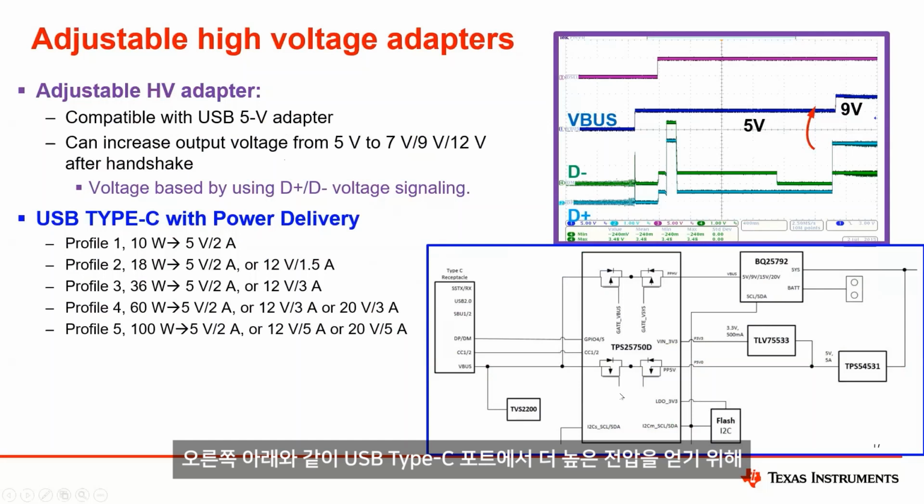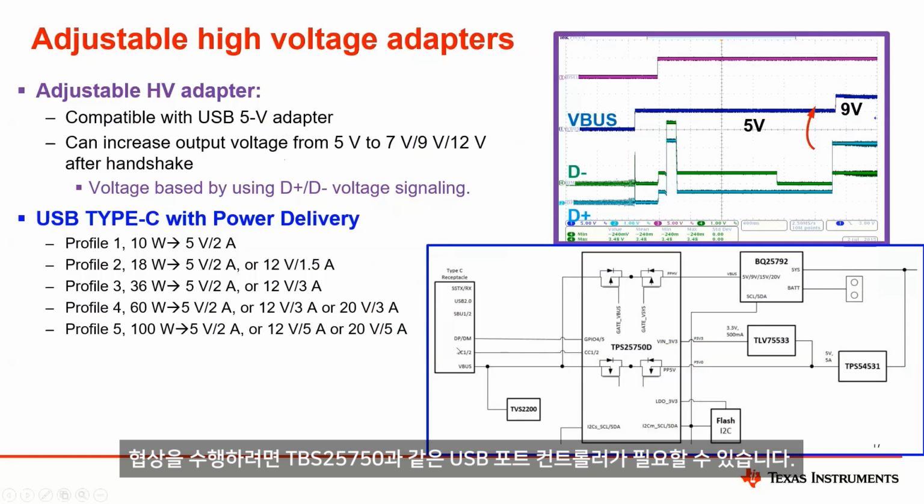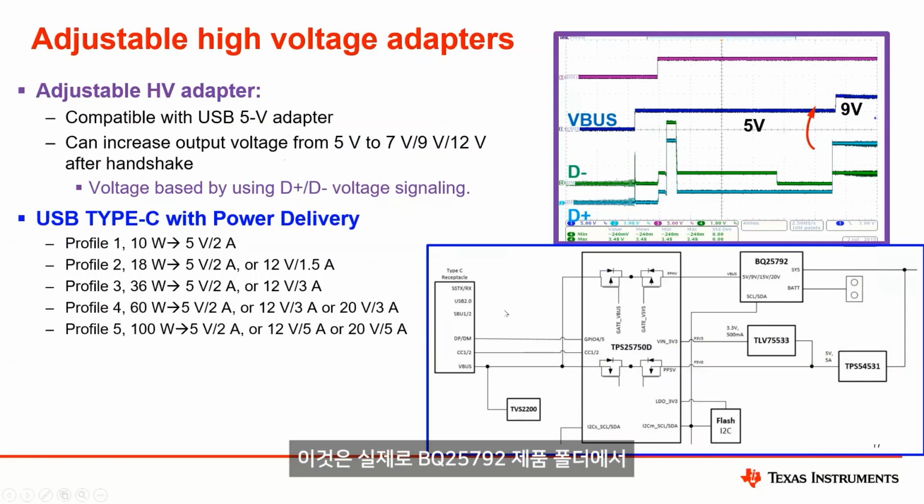So you might need, as shown at the bottom right, a USB port controller like the TPS25750 in order to do the negotiation to get the higher voltage from the USB Type-C port, and therefore the higher power that you can then send to the charger, which is the BQ25792. And this is actually a reference design that you can find and order a board for in the BQ25792 product folder.